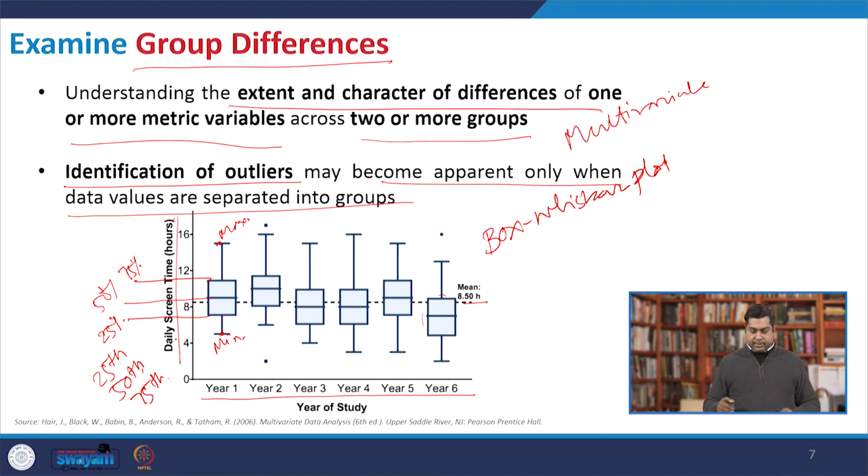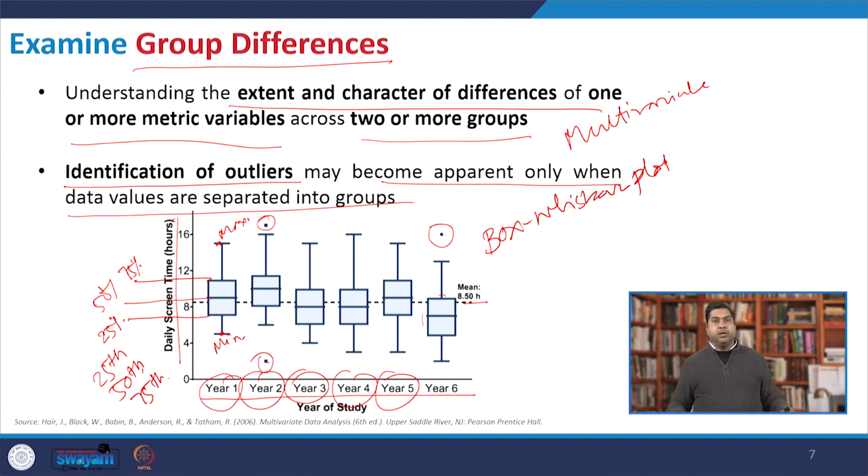So, it is a comparison between students from year 1, year 2, year 3, year 4 and year 5, to see the group difference. Here also you get certain data which do not fit into that particular whisker. Those are the outliers.